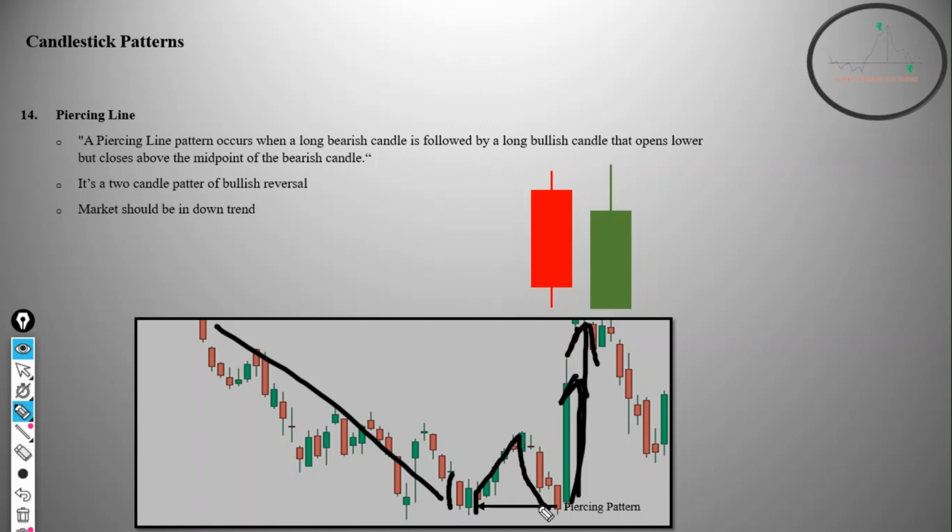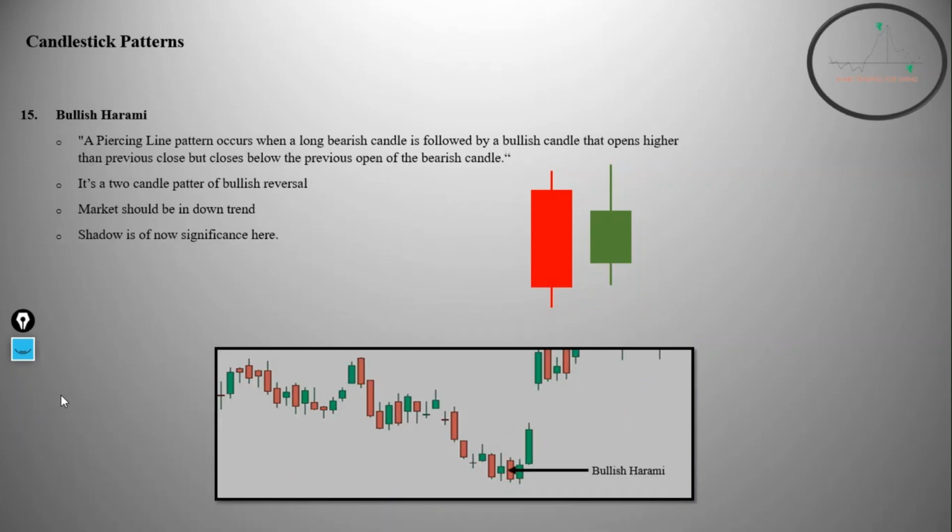Even if you have not taken a trade here, you should have taken a trade here. Then there was again a pullback, and probably an uptrend again. So this is the significance of understanding candle patterns and chart patterns.